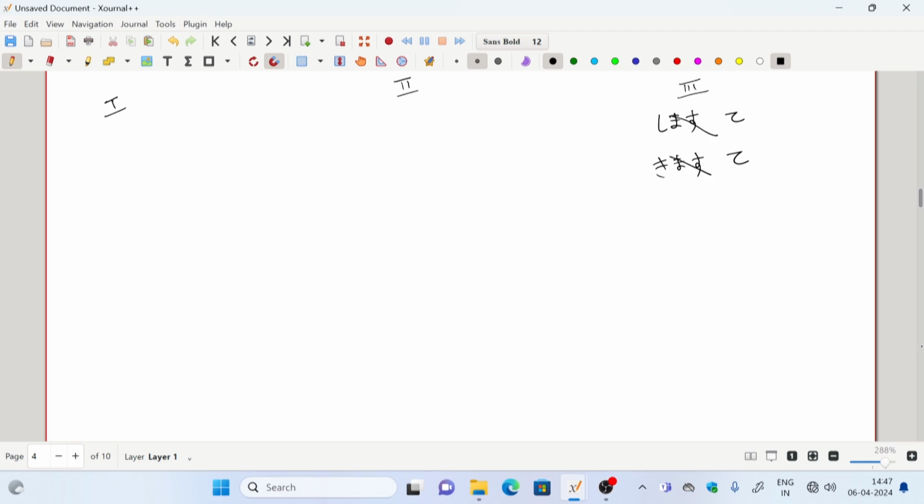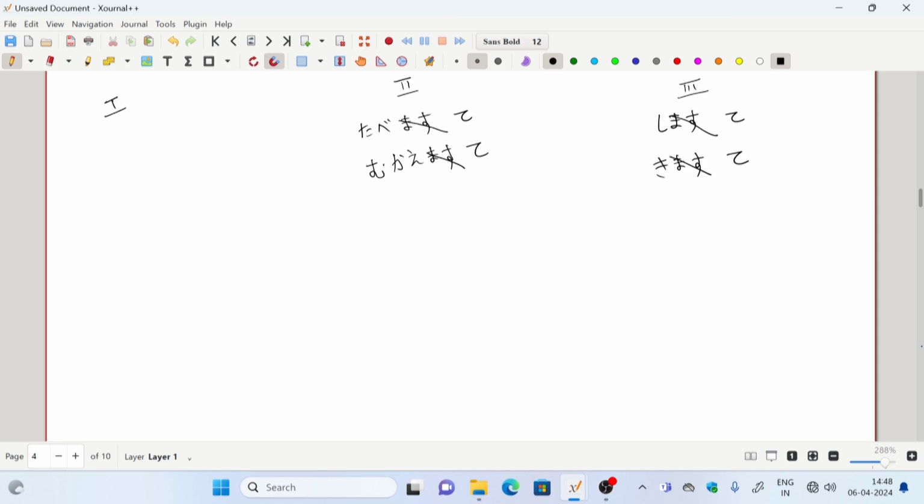We also learned the same applies in the second group when it is tabemas or mukaemas. Tabemas means to eat and mukaemas means to receive. And in a similar way to the third group, we cut mas and add te.